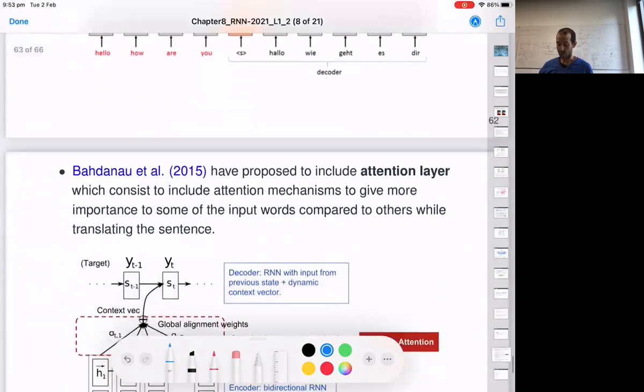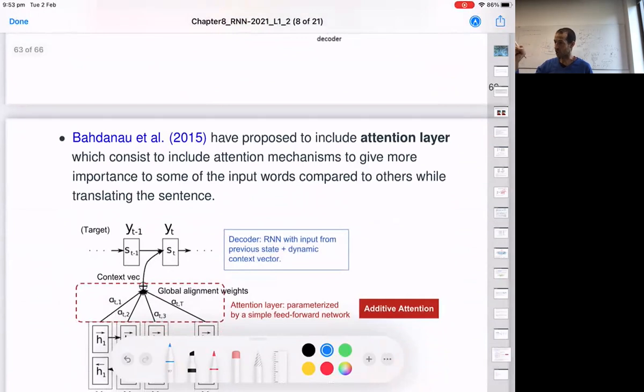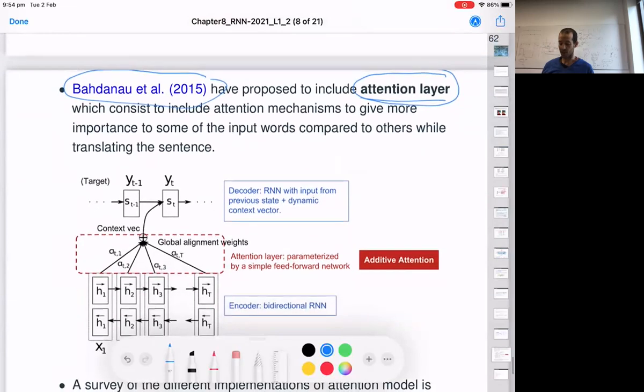So what we have to do is put some attention on specific places. This was introduced in 2015. It's like a revolution in machine translation. So it applied the attention layer. What is the attention layer?